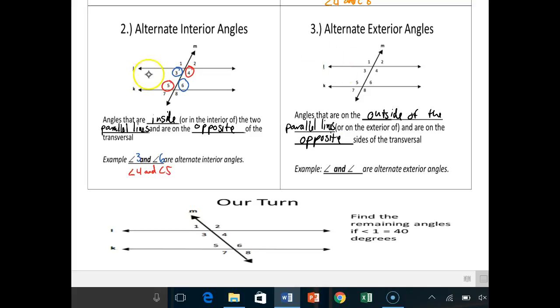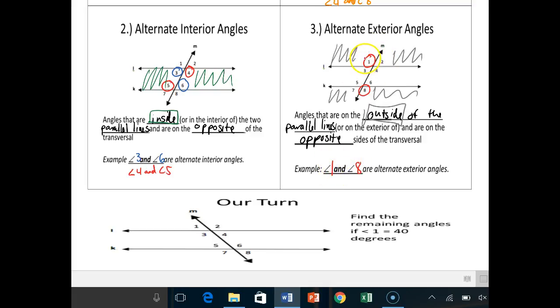In this case, this was the inside, so this is why those were interior. Here we want the outside, so all this space right here on the outside. So the alternate exterior angles would be 1 and 8, both outside the parallel lines and on opposite sides of this transversal, 1 and 8.